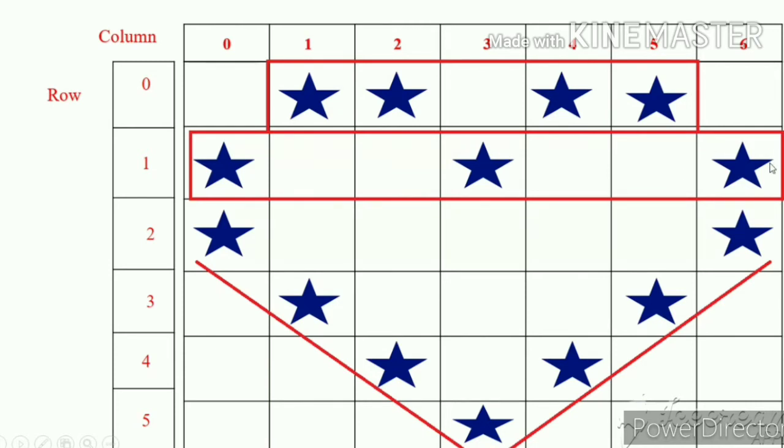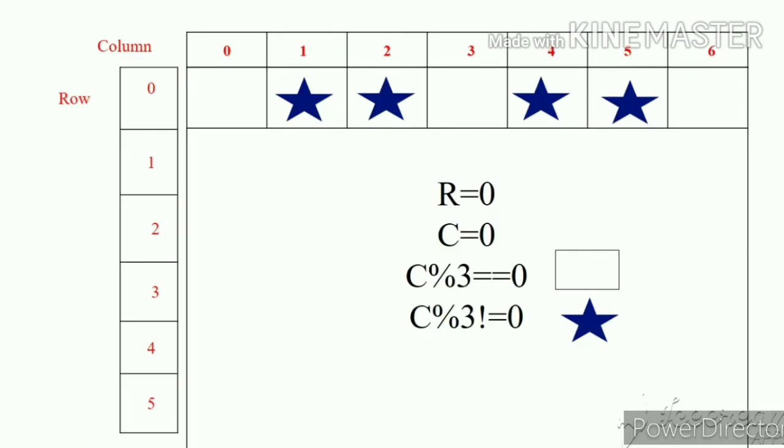The third part is from row 2 to row 5, up to column 3, as you can see in the picture. And the fourth part is from column 6 in reverse till column 3, to the last part of row 5, as you are looking at the picture. So let's see the structure here.